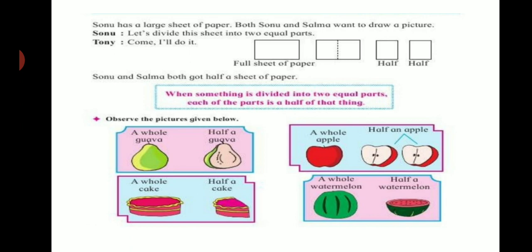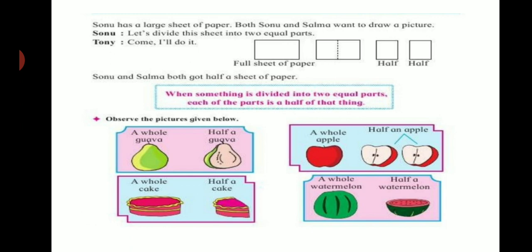Sonu has a large sheet of paper. Both Sonu and Salma want to draw a picture. Sonu says, let's divide this sheet into 2 equal parts. Tony says, come, I will do it.